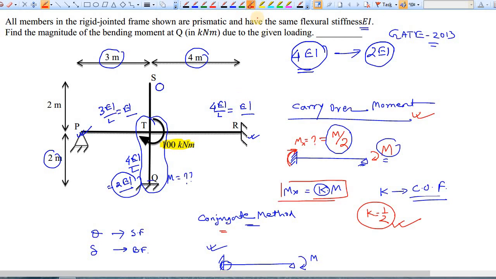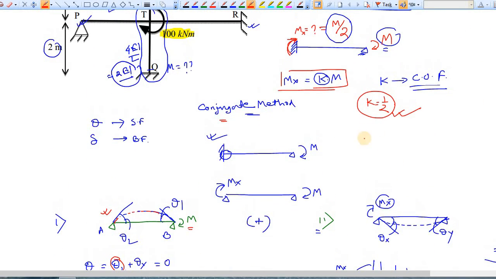So for this 100 kilonewton meter moment, how much share does TQ have? 2 by 4 times 100. So TQ has 50 kilonewton meter moment.